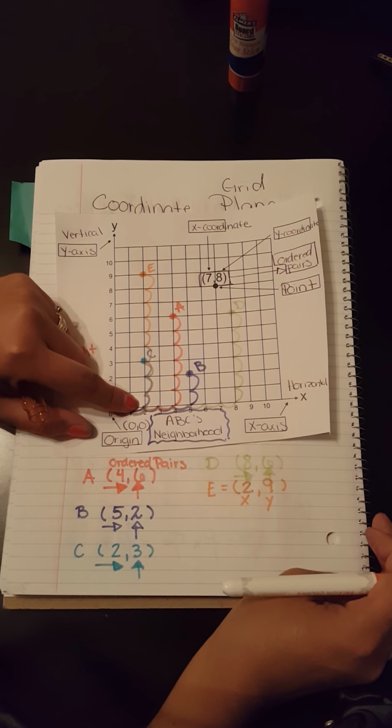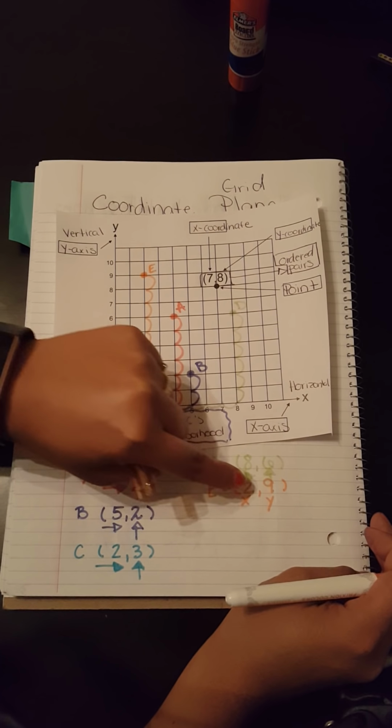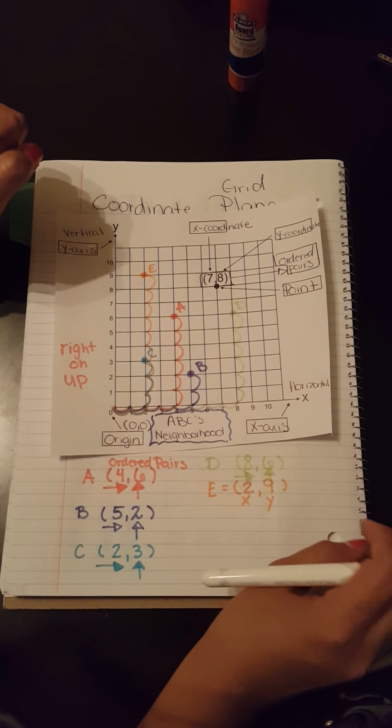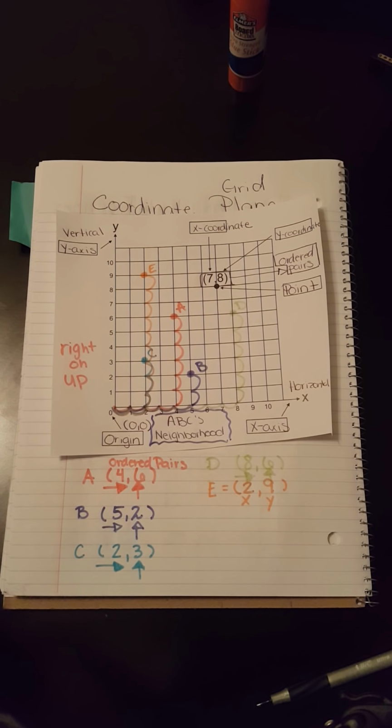So I put a 9 there. The ordered pairs for point E are 2, 9. Very simple. Let's do another one.